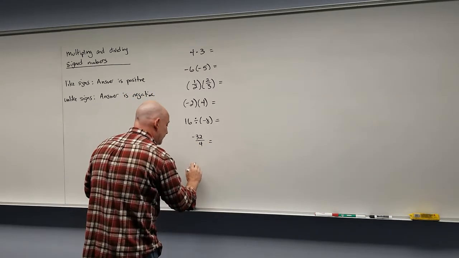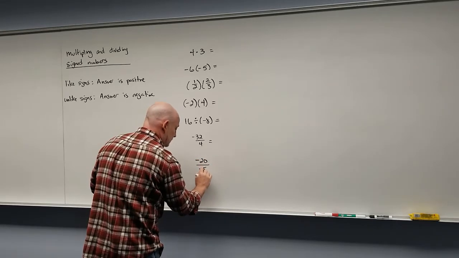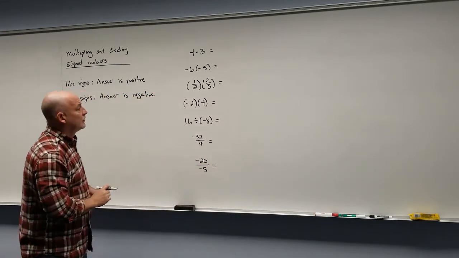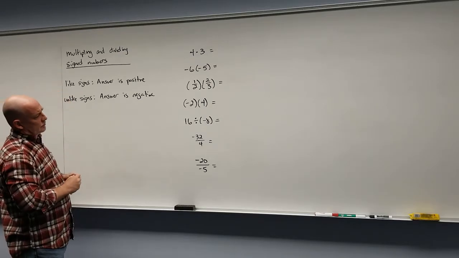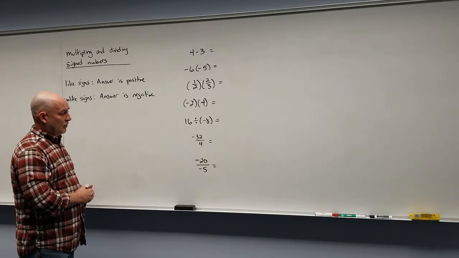And how about, all right, so again, it looks like there's about 5 or 6, 7. There's a bunch up there. Hit pause, go see how you can do, and come on back when you're done.